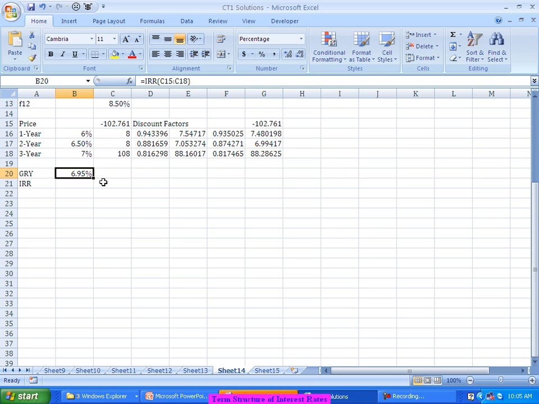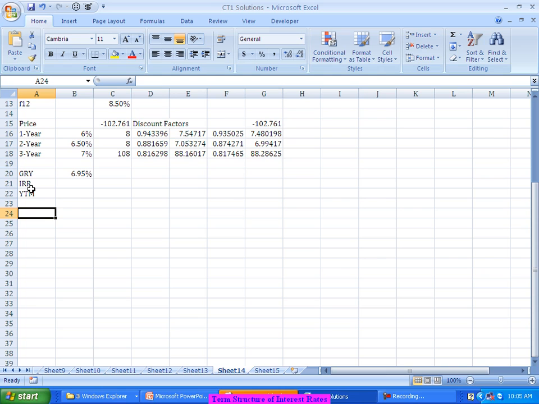That is what we are calling a gross redemption yield, or sometimes people also call it IRR, and sometimes yield to maturity of the bond. These are the various terms associated with it.